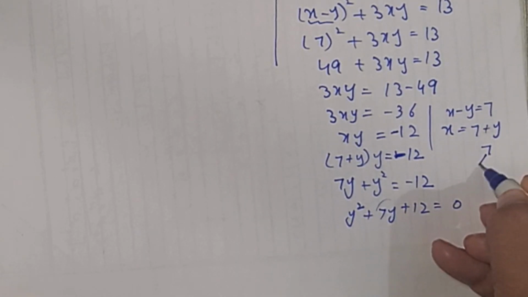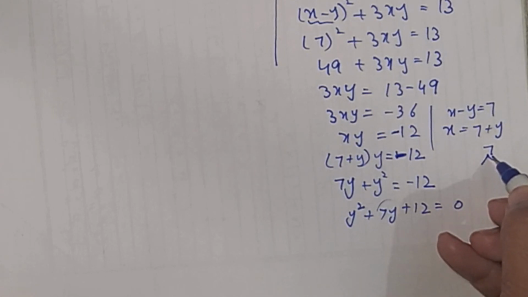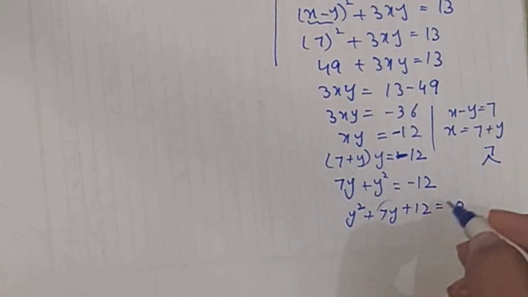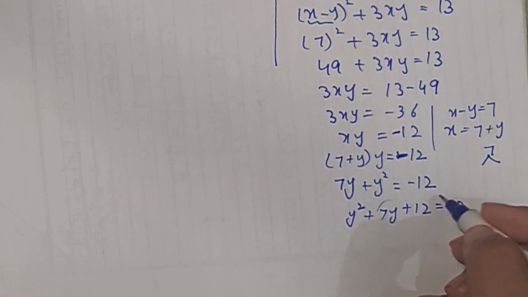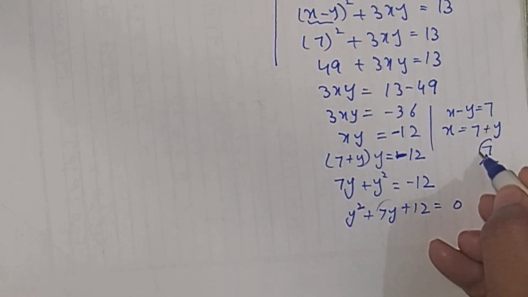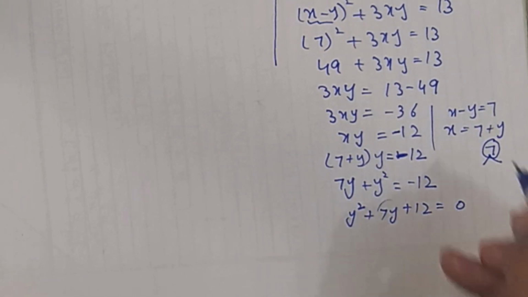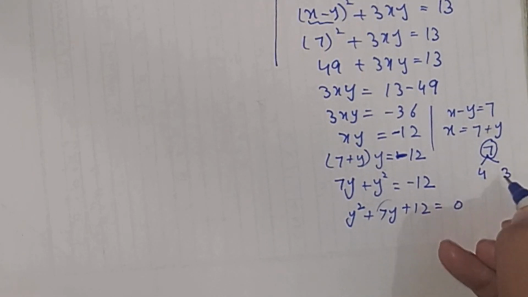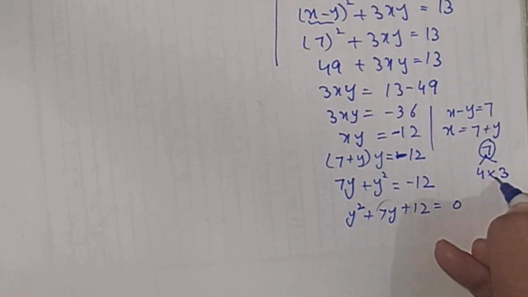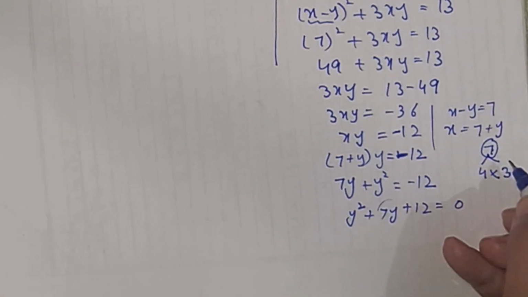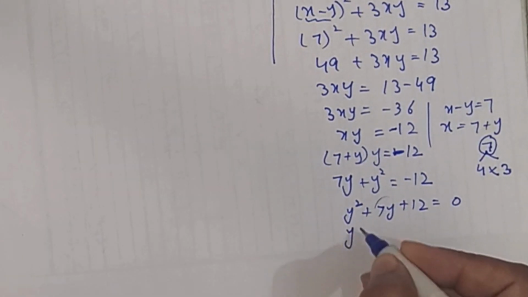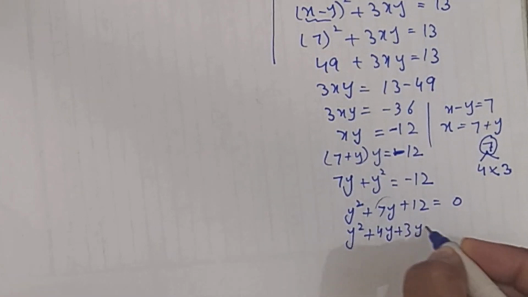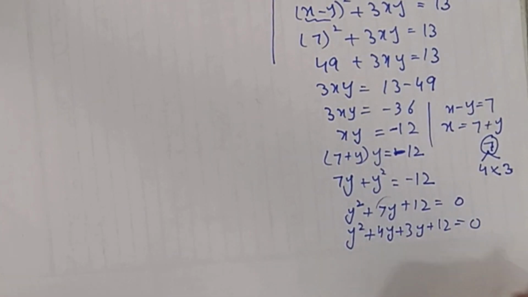So we break this number 7 into two numbers such that if we multiply these two numbers, we get 12, and if we add these two numbers, we get the middle number 7. So these two numbers are 4 and 3. 4 threes are 12, and if we add, we get 7. So this becomes y square plus 4y plus 3y plus 12 is equal to 0.